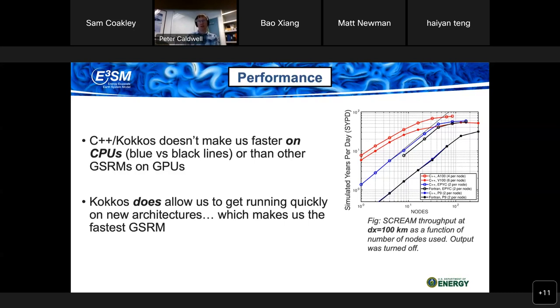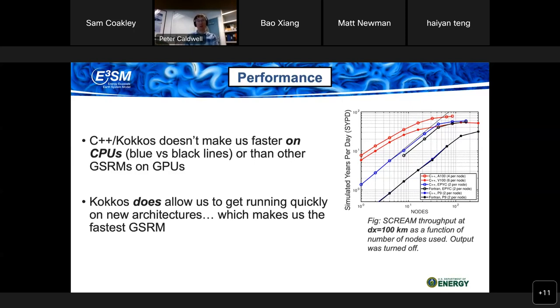And kind of the punchline there is that, right? Writing your code in C++ is no faster than in Fortran. The thing that we got out of it is that we were able to run on GPUs, so the red lines that are higher. So huge advantage, but not just from writing it in C++. It also turns out, if you compare our GSRM against, in particular, the German GSRM called Icon, which also runs on GPUs, we run about as fast as they do as well.